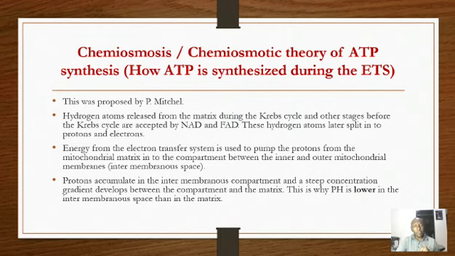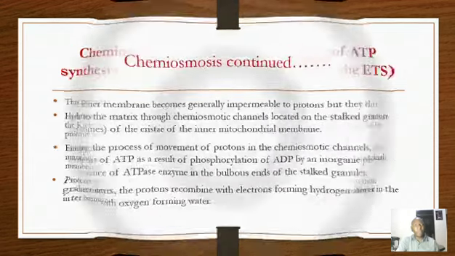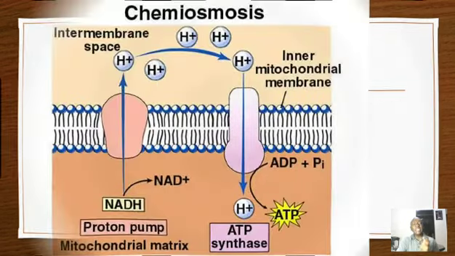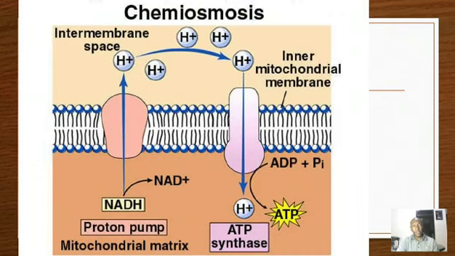So in the matrix of the mitochondrion, the NADH2 splits and gives off the hydrogen atoms. In other words, we form NAD and hydrogen atoms.